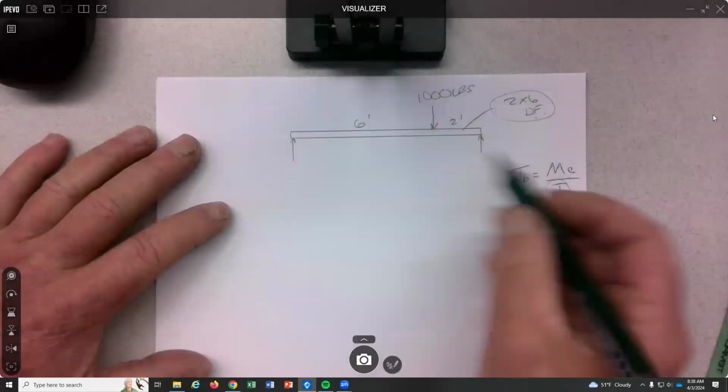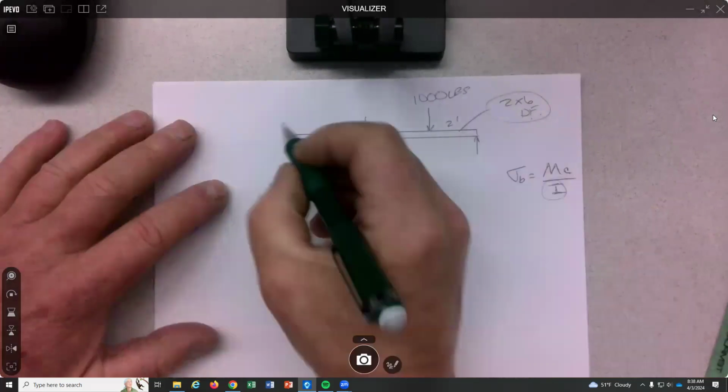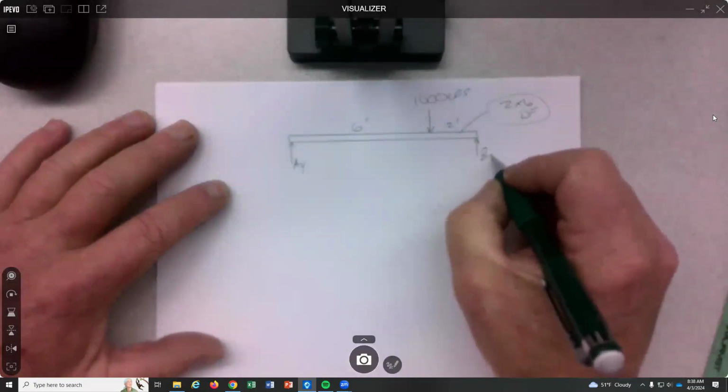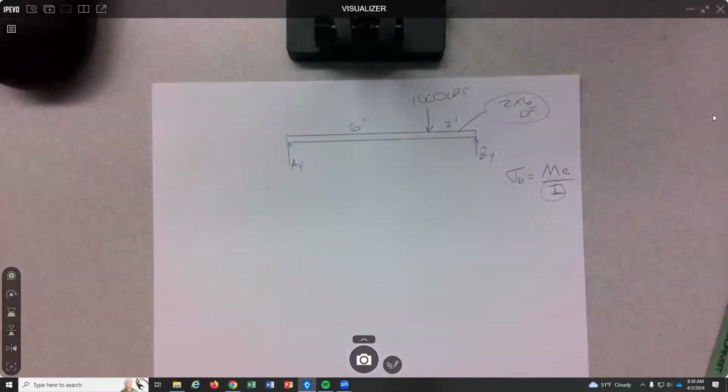So we have to do our statics first and figure out these reactions. Call this AY, this BY, and I'll get my calculator. You can do it too. You probably do it faster than me now. We need the weight of the beam.